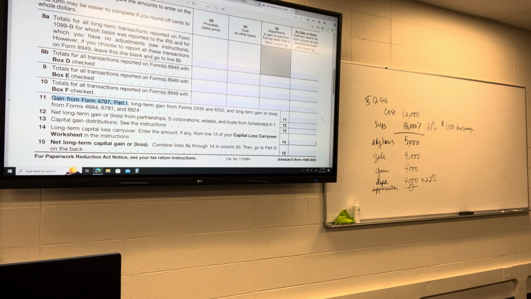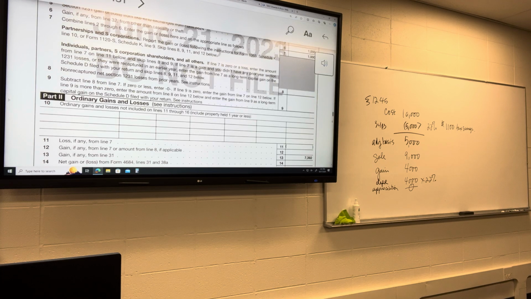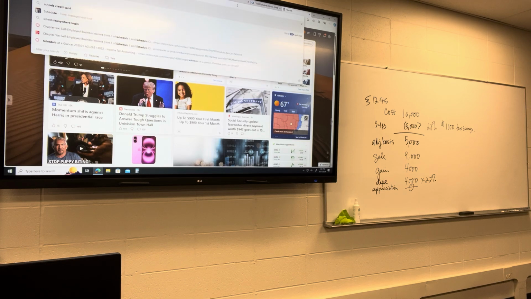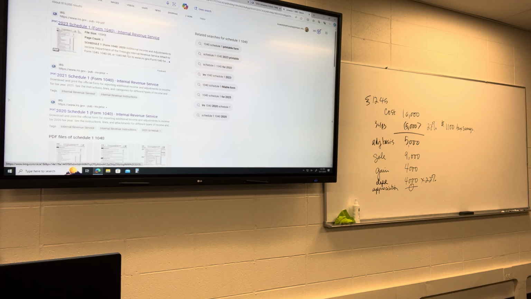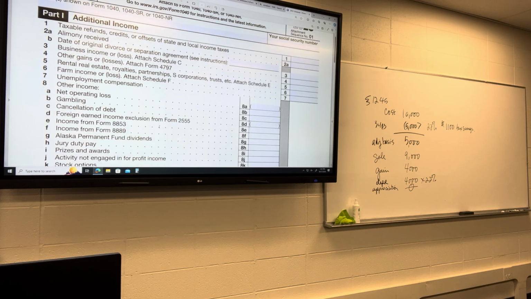And then this is where it would go here. But the other part of that gain would not go there. That's 73.92. That's going to go on the Schedule 1, Part 1, other gains and losses.